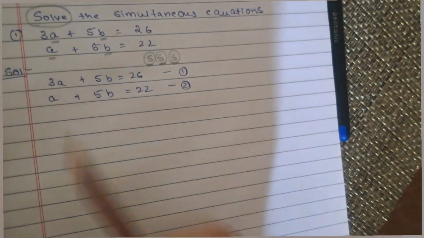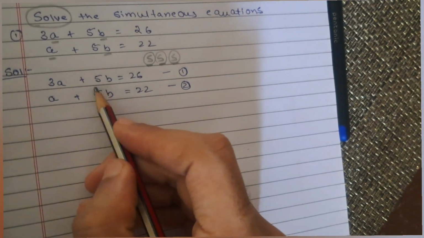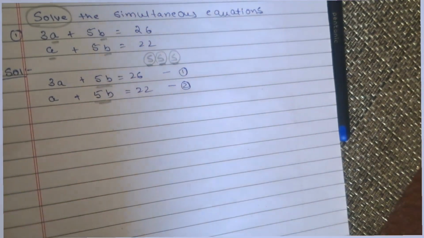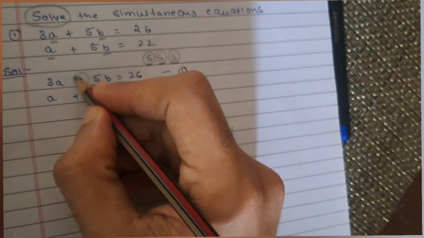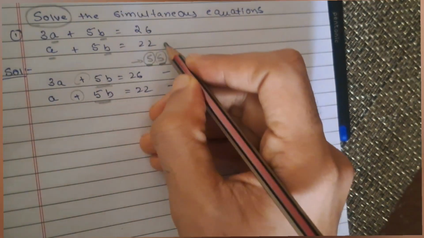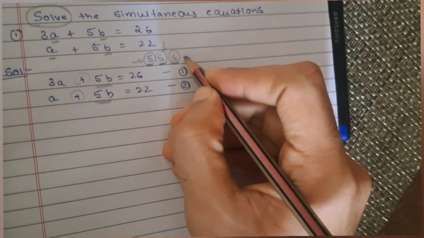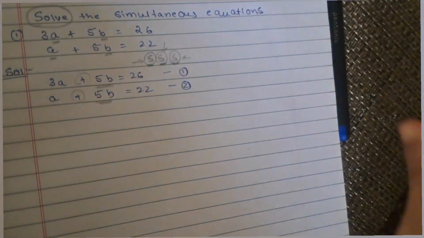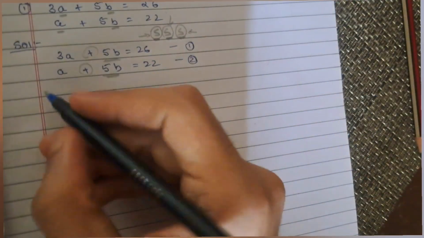Let's look into this example. Can you see the same term 5b, 5b? Can you see the same sign, plus plus? Then as the trick says, same term same sign, what should you do? Subtract.